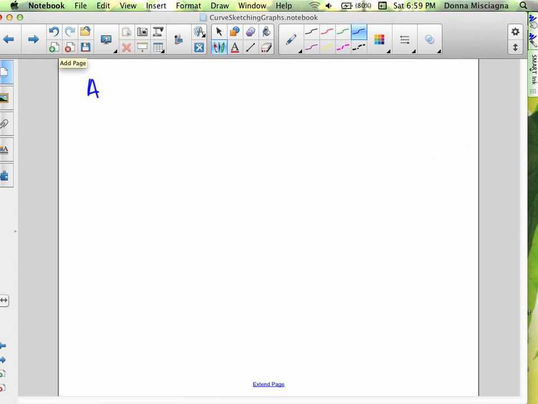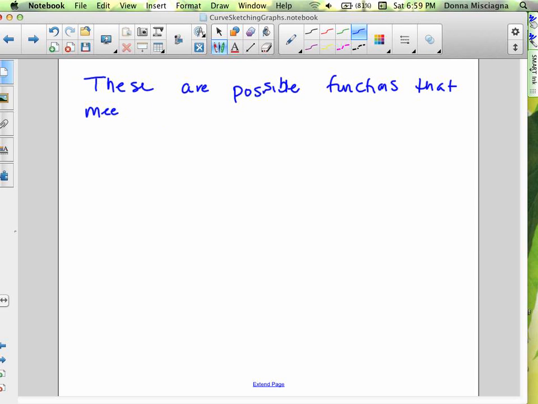But this is, so that one and all the ones that will follow, these are possible functions that meet all given requirements.